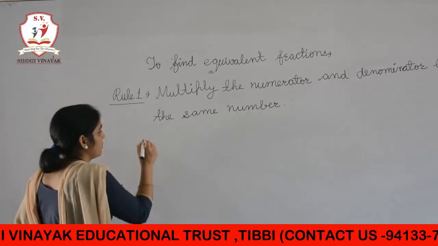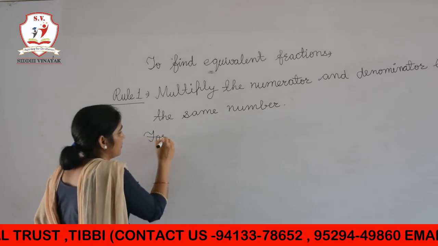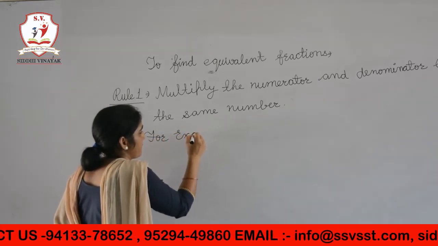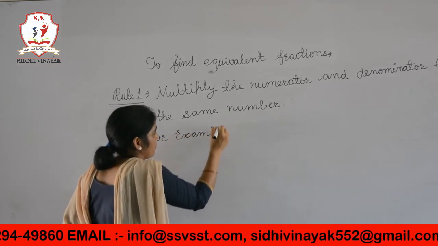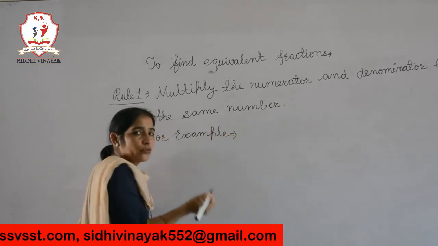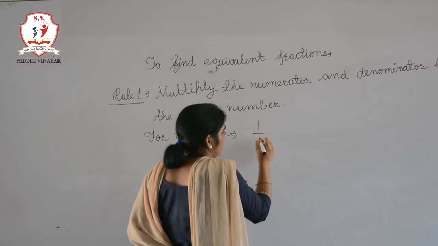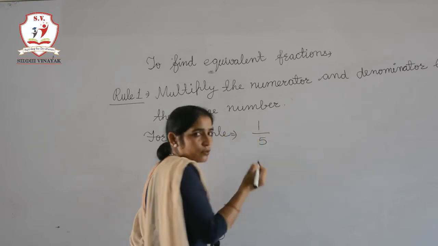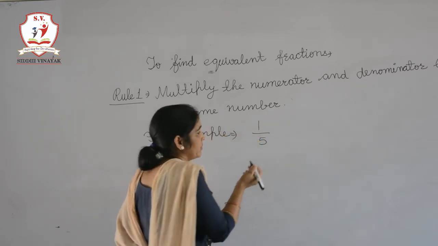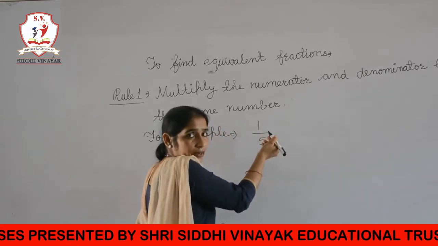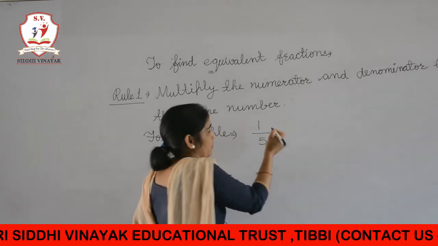For example, we take a fraction 1 upon 5. We multiply by the same number.